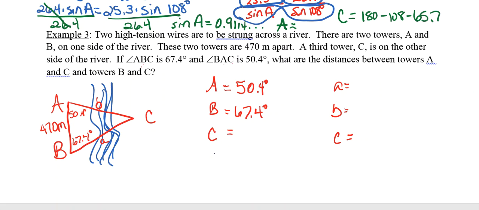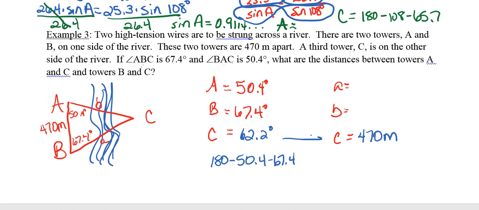Go ahead and find angle C, 180 minus 50.4 minus 67.4. That's 62.2.